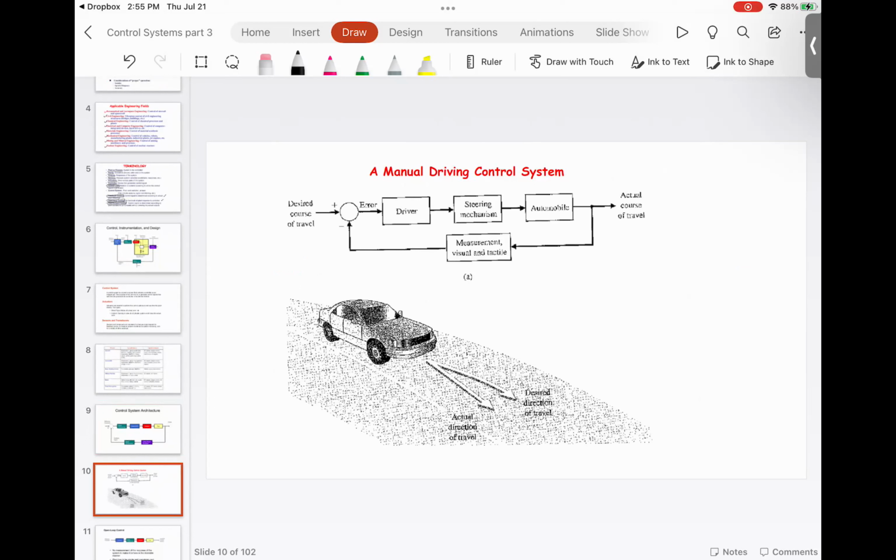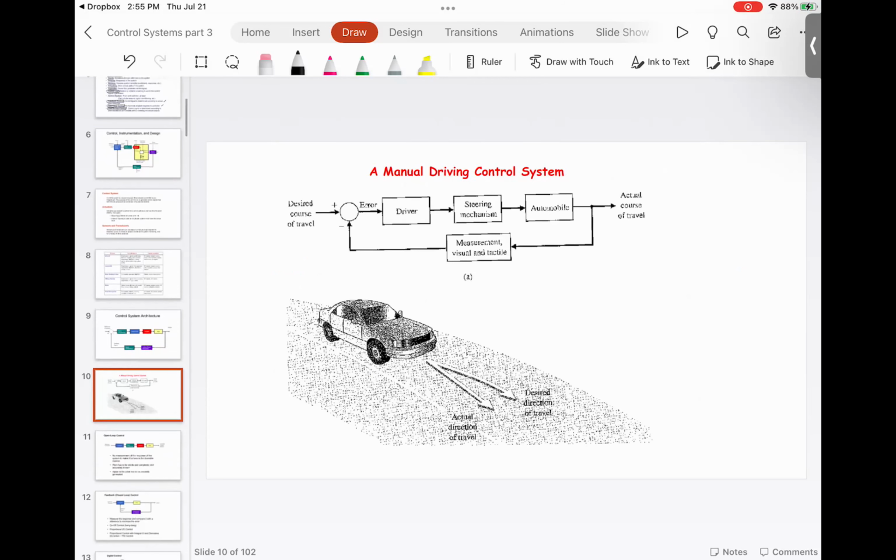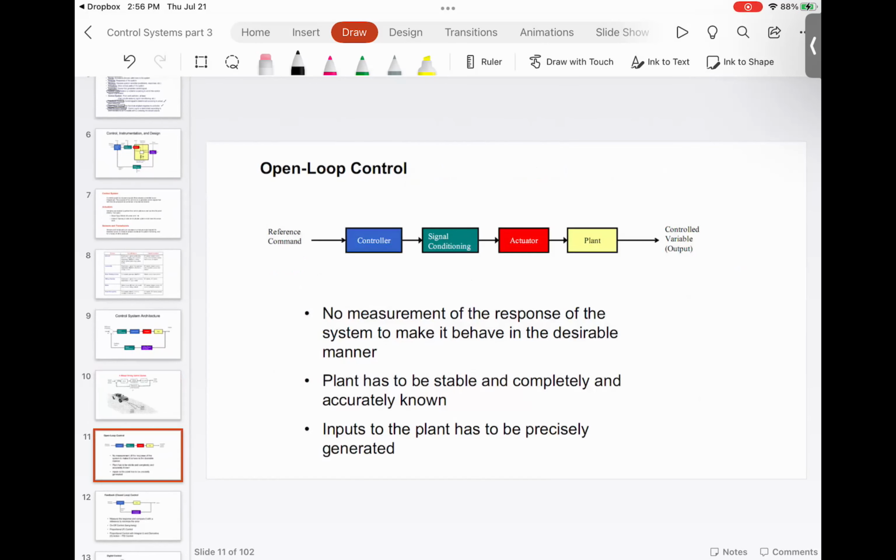Now imagine this is a classic example. If you are driving a car, then you are seeing the road where you are going, that is the sensor, you are controlling the throttle and steering, that makes sure that you follow the path and go to the places where you want to go to. In an open loop, there is no feedback. It's basically you just give an input and hope that that would result in proper output.